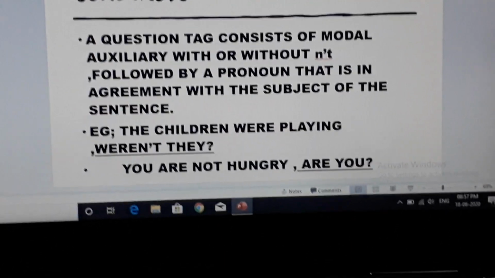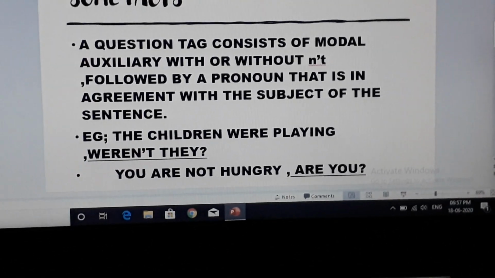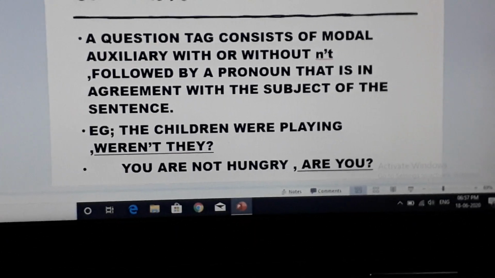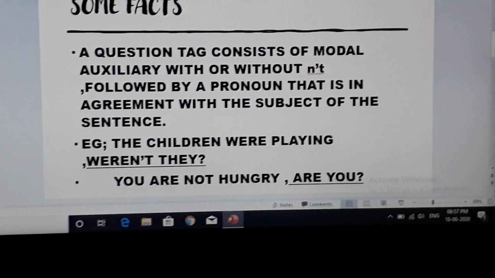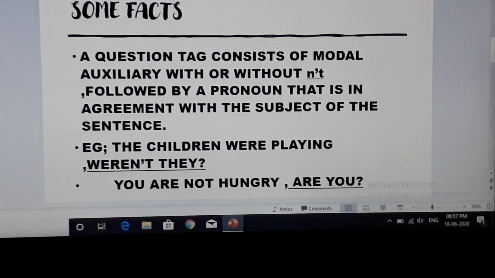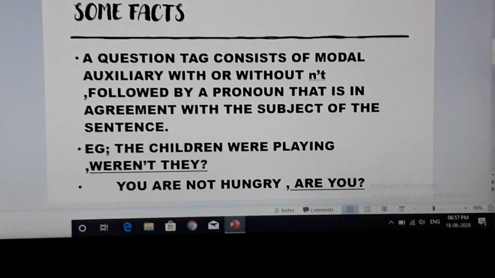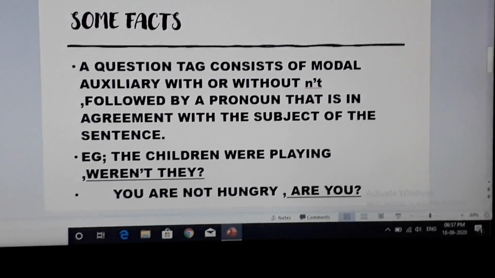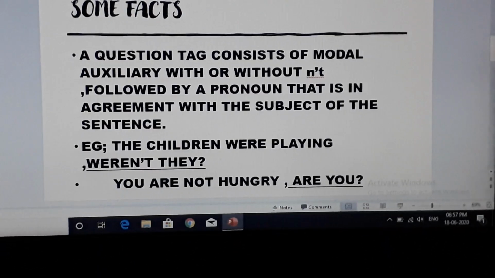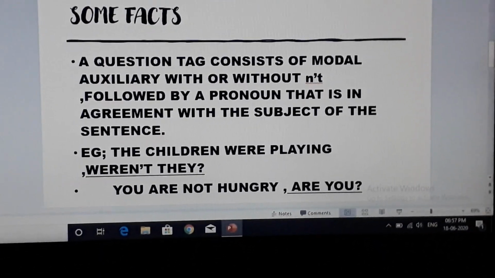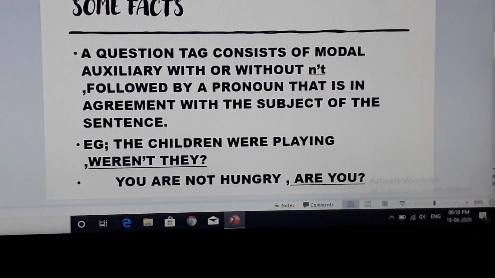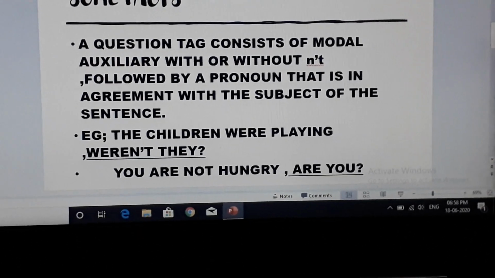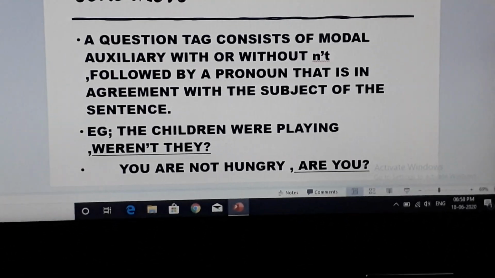For example, you are not hungry. The sentence is negative here. So we have to add the question tag positive. Are is my helping verb and you is my subject. So my question tag will be are you. Also remember that after the question tag, don't forget to add a question mark.